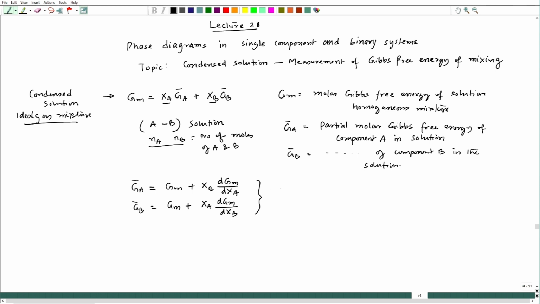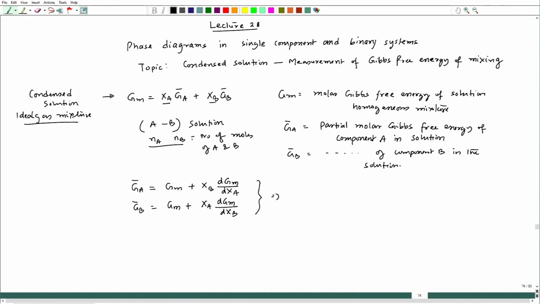They will also be used for calculation of a free energy quantity, the difference of free energy when the particular component is in pure condition and when that component is in the solution condition. So, this will also be used for calculation of delta G A m as well as delta G B m.